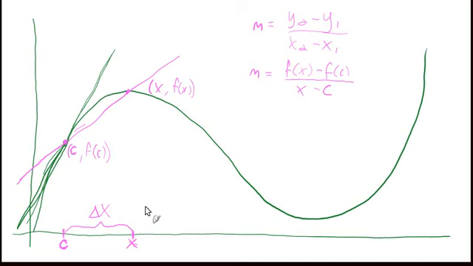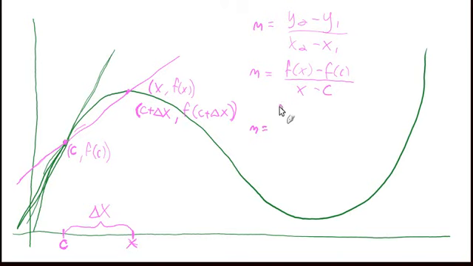Okay, so now what happens to this point? It becomes redefined. Rather than x, we could say it's c plus a little bit more, plus that delta x. And then f of x would become f of c plus delta x. Okay, that might look a little weird, but it's going to clean this slope up a little bit.